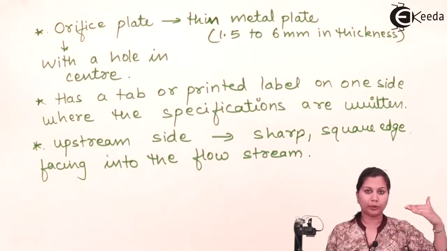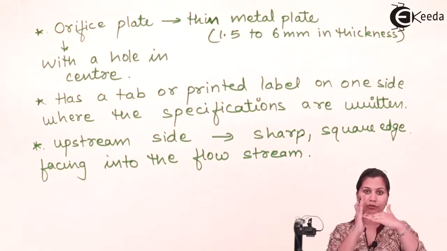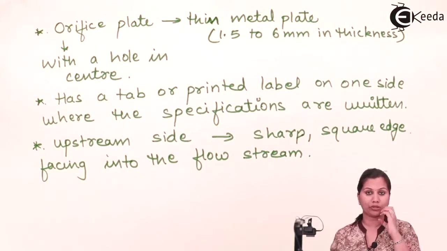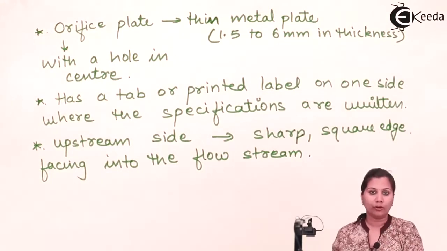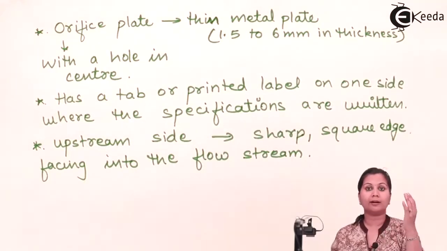Okay, means the fluid is flowing in this direction, and this is the upstream side of the orifice plate which is a very sharp and square edge, so that it provides maximum restriction or maximum obstruction in the path of the fluid flow, so that maximum velocity will be there and the pressure drop will be very much, because when the velocity is maximum, pressure will be minimum.